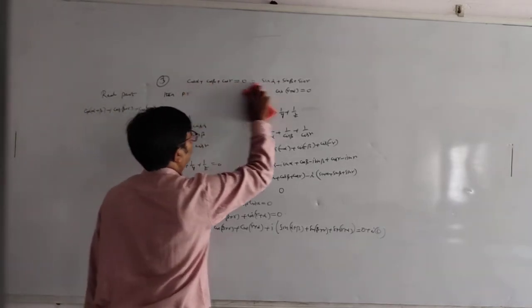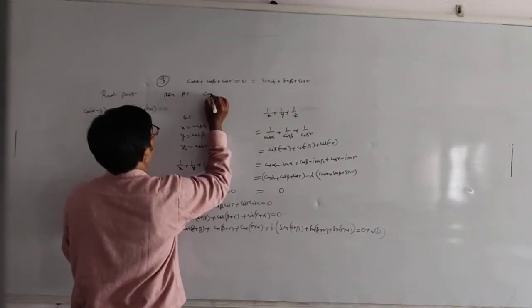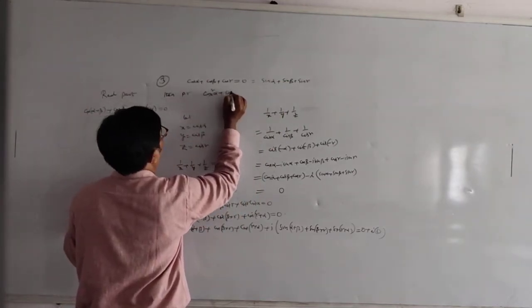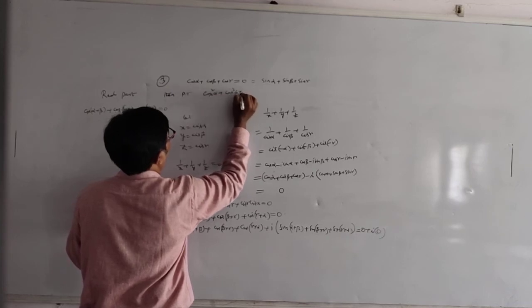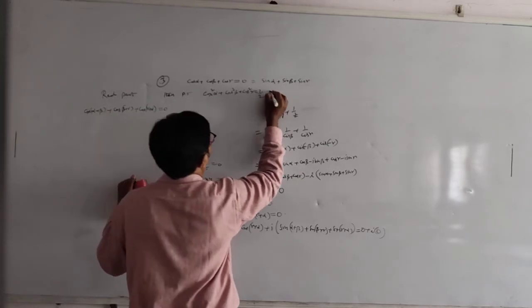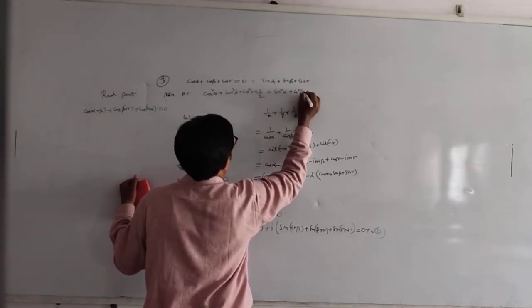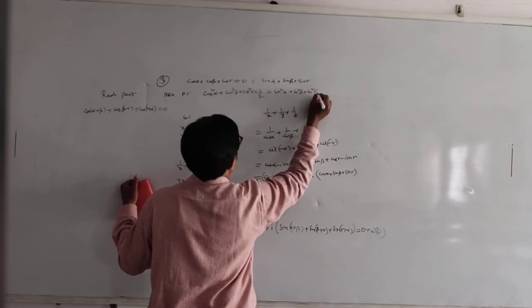Then students, one more thing is there: cos square alpha plus cos square beta plus cos square gamma equal to 3 by 2, and the same for sin square alpha plus sin square beta plus sin square gamma.